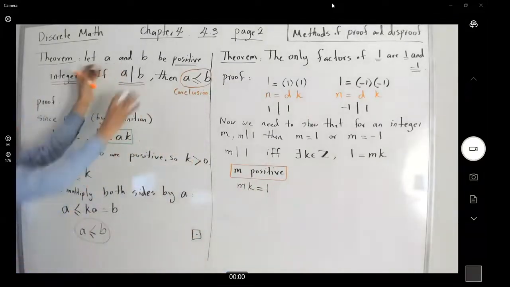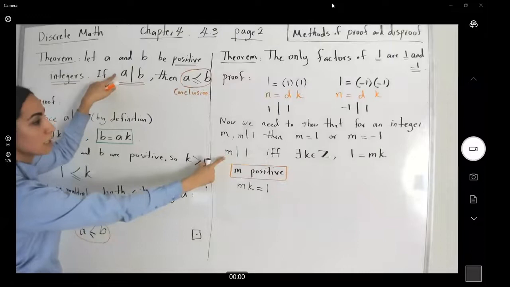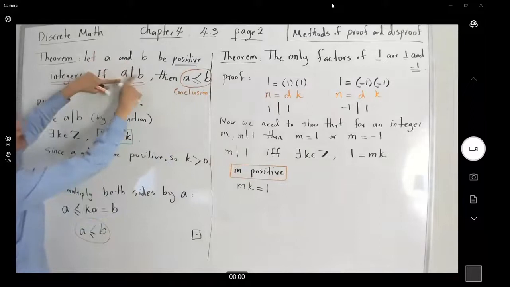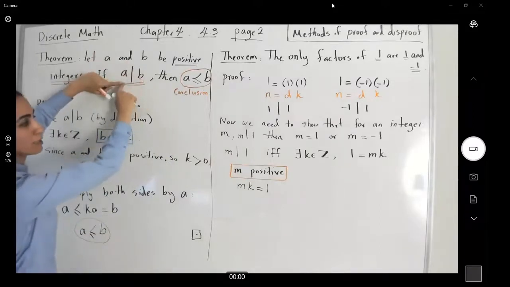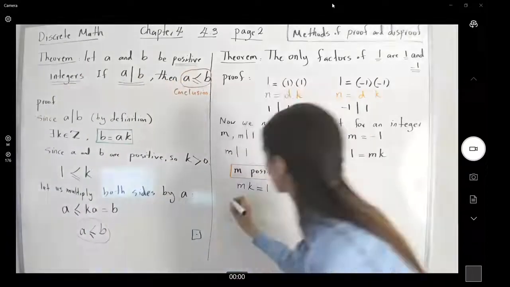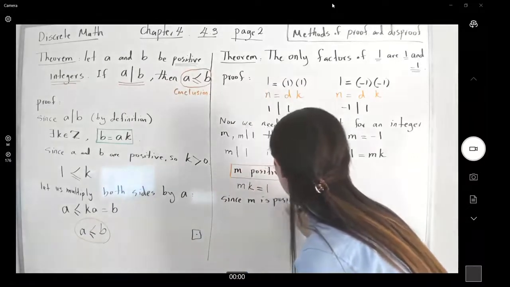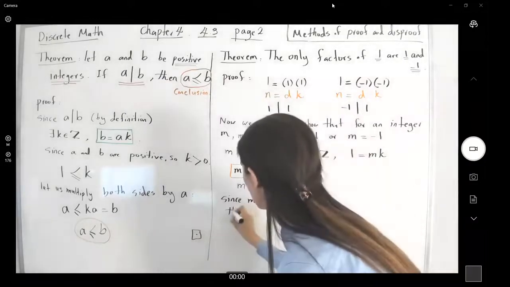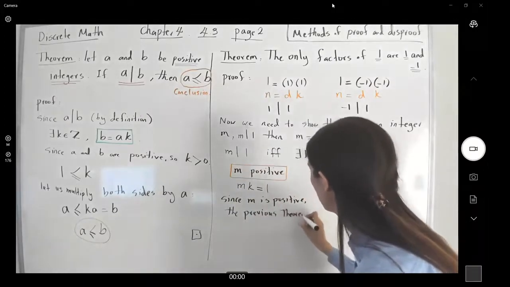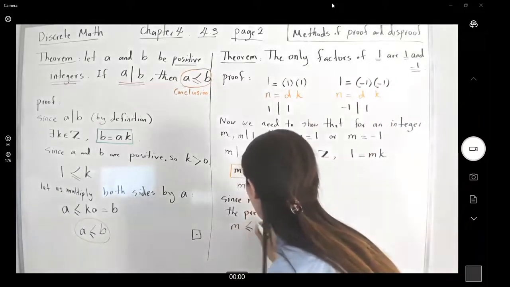Okay. Take a look at this theorem. This theorem says if m divides 1 and these two numbers are both positive, then m is less than or equal to 1. Since m is positive, the previous theorem says this m must be less than or equal to 1.